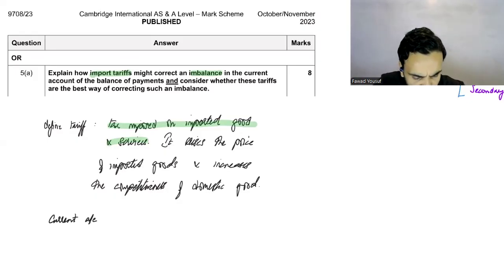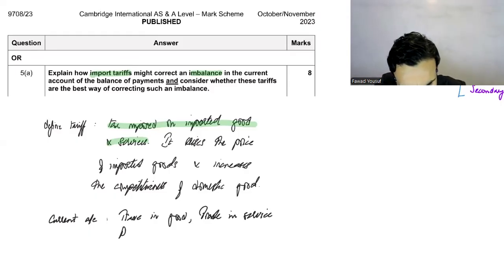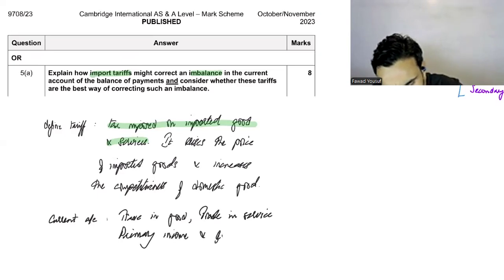So I think we should mention that a current account on the balance of payment has four accounts, which includes trade in goods, trade in service, primary incomes, and secondary incomes.